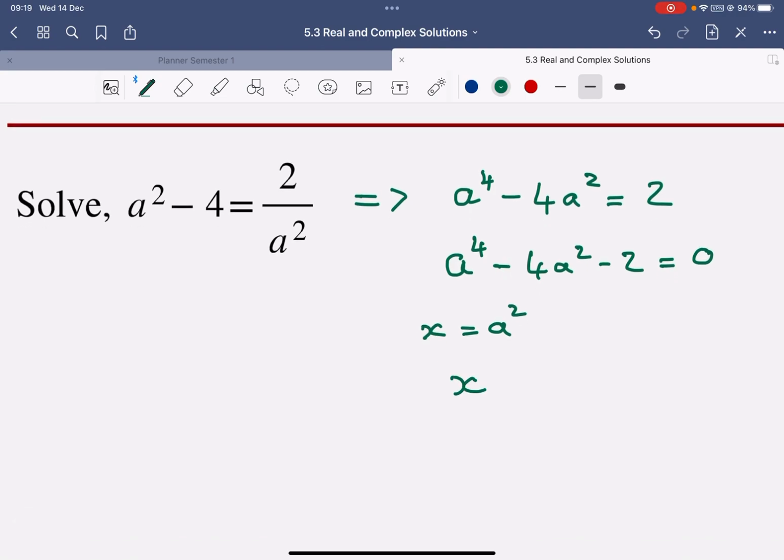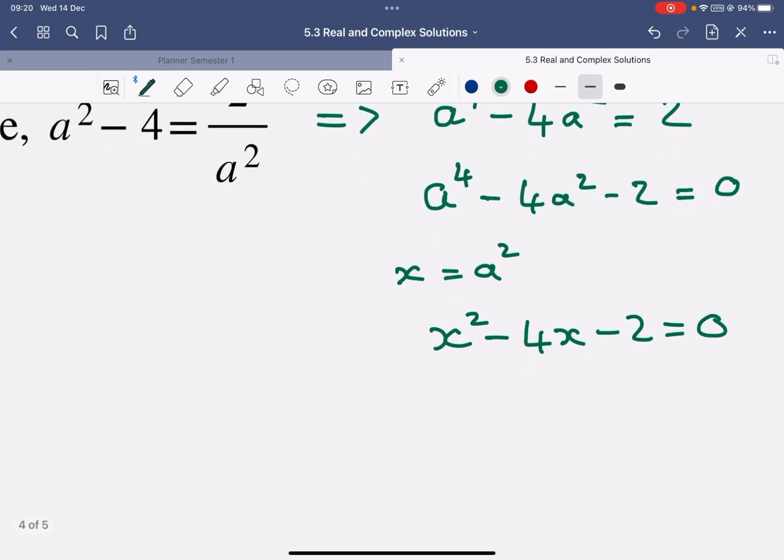So this becomes x squared minus 4x minus 2 equal to 0. If it's something that we can't solve straight away, we'll just put it into our calculator and get my answers. So the exact answers to this are x equals 2 plus root 6 and x equals 2 minus root 6.